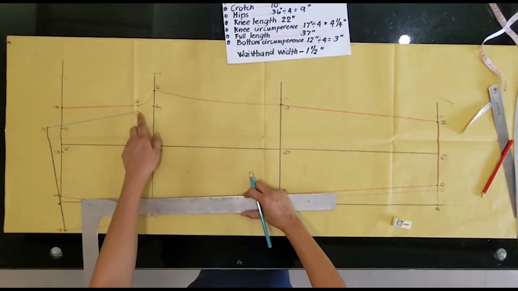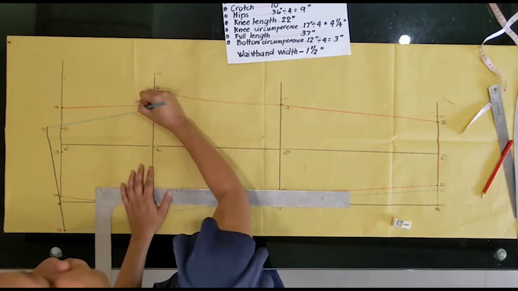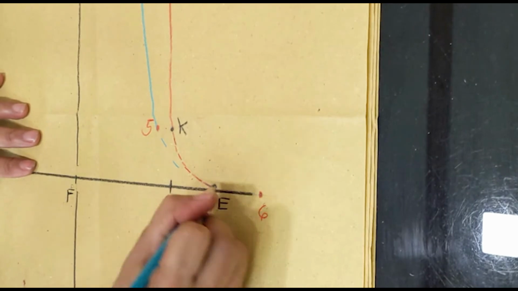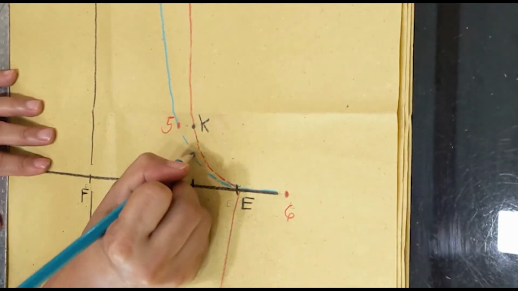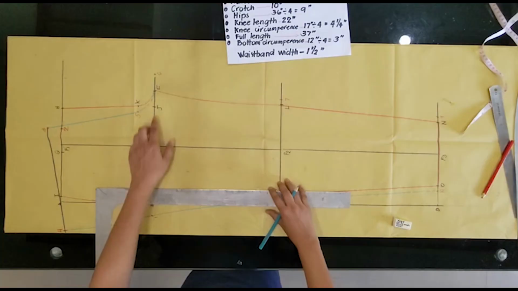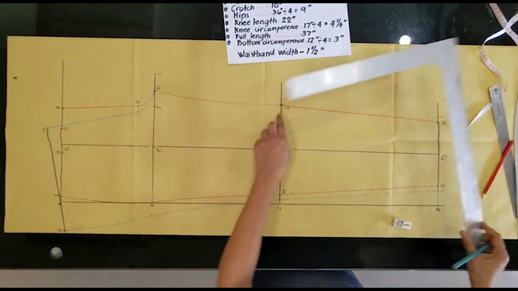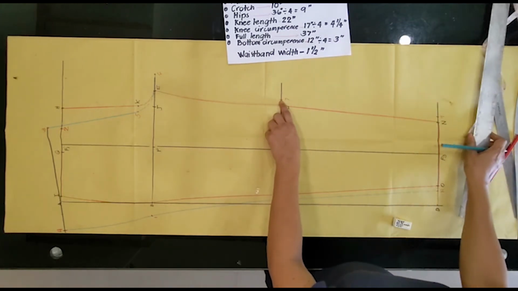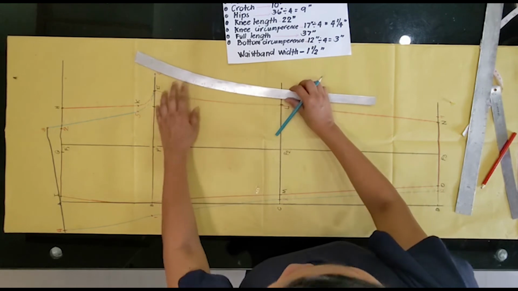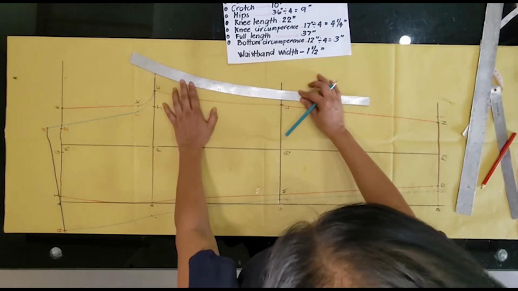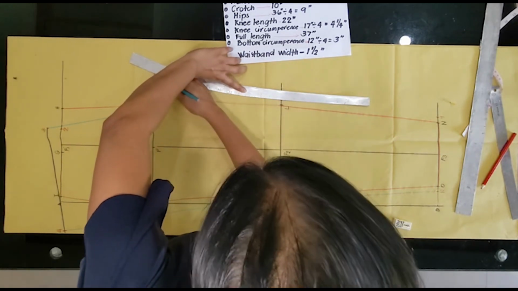And then point 5 to 6. So from point 6 to 7, we have to connect with the use of hip curve. So the curve is facing inside, or in curve.